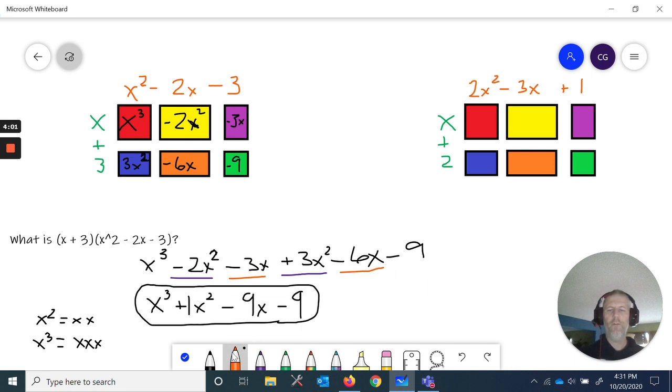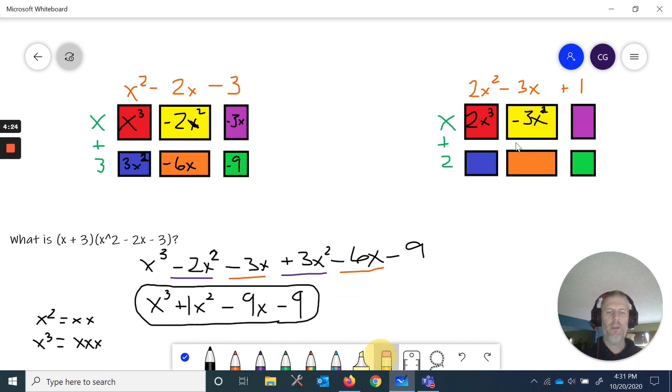Okay, hopefully that went well for you. And we'll go over this one. So again, x times 2x squared is going to be 2x cubed. X squared, remember, is xx. X squared times x would be xxx, or x cubed. X times negative 3x is going to be negative 3x squared is the shorthand.